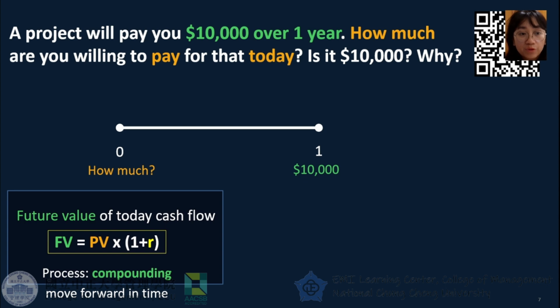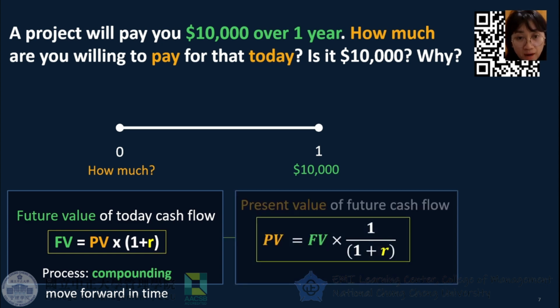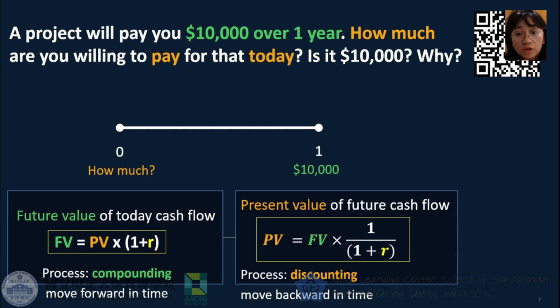And to find the present value of future money, we reverse the compounding process. In general, we write present value of a future cash flow equals future value divided by (1 + r). This process is called discounting. We move backward in time and we discount future value to present value.